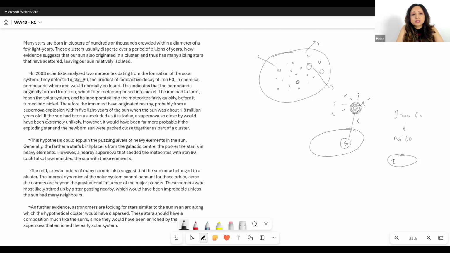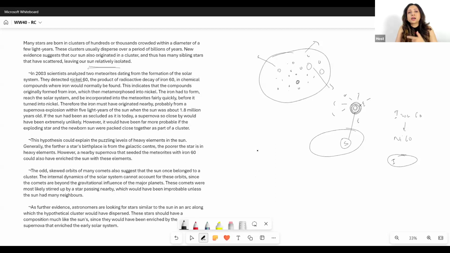If the sun had been as secluded as it is today, a supernova so close by would have been extremely unlikely. So as we said, over here we had found out that our sun is relatively secluded, isolated, right?